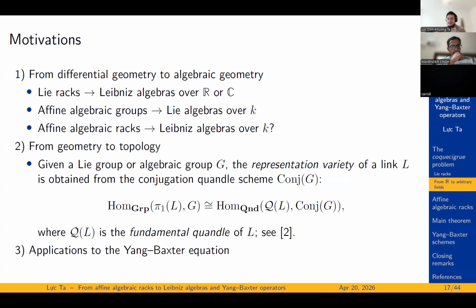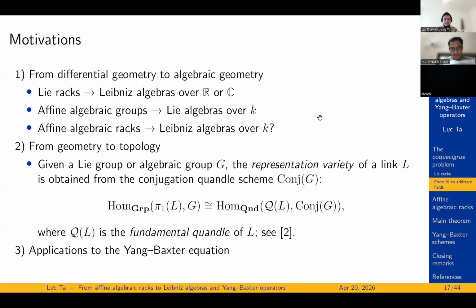So the main focus of this presentation is going to be on that theorem, getting from affine algebraic racks to Leibniz algebras, but there are actually a few more motivations that we can talk about too. One, it would be interesting to study affine algebraic racks in their own right, because in differential geometry you have Lie groups and Lie racks, and you can study those.